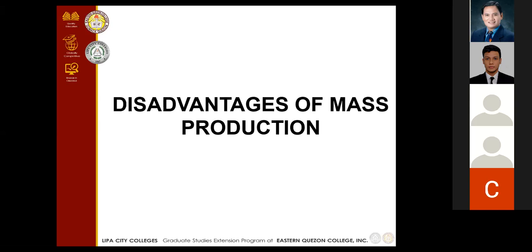So yung workers, demotivated sila kasi nga repetitive yung work nila or religiously, parang paulit-ulit na lang. And then, the production is not very flexible and difficult to adapt. Ang disadvantage pa niya, pag may nasirang line, pag nagkaroon ng line breaks, the whole production process is mag-stop.